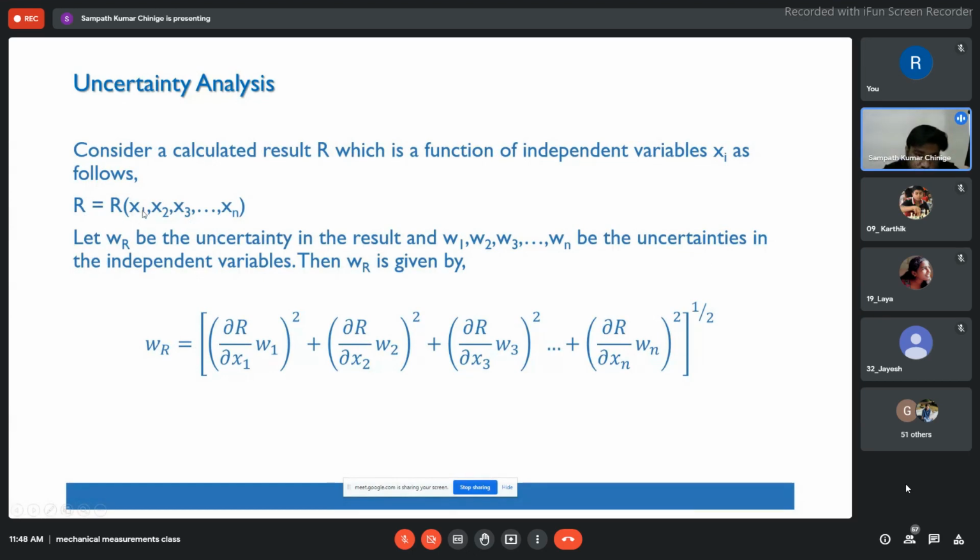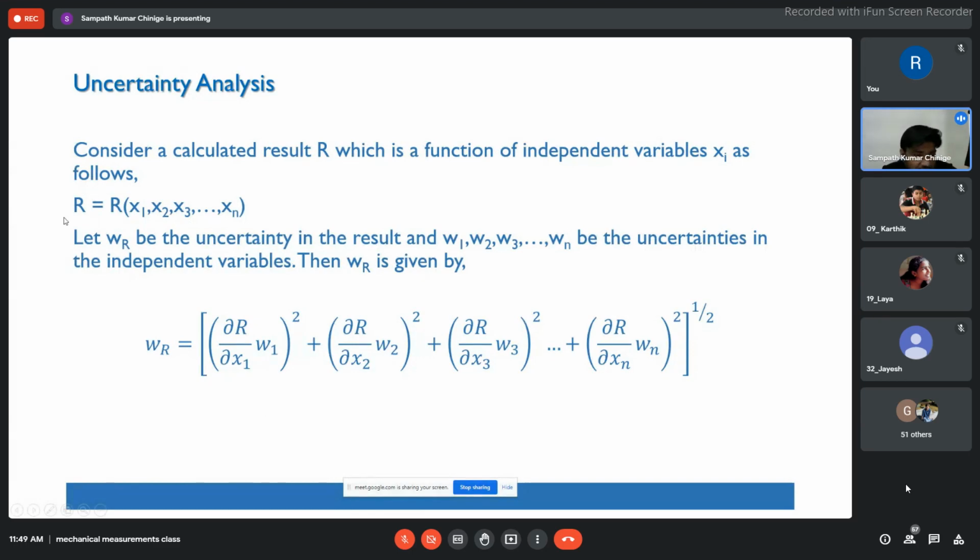This is an instrument, this is an instrument. Whatever value I'm getting from here, all these individual deviations are measured by statistical analysis or calibration curve. And that I have to incorporate into this and finally find out what is the uncertainty that I get in R. What will be the uncertainty in R?